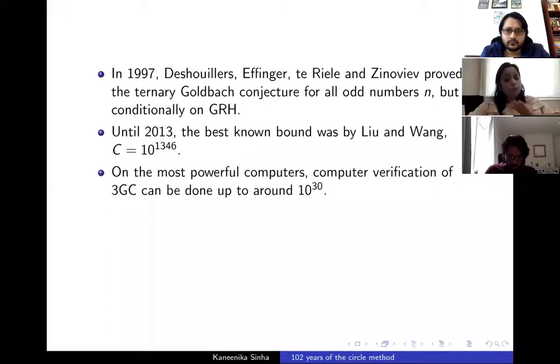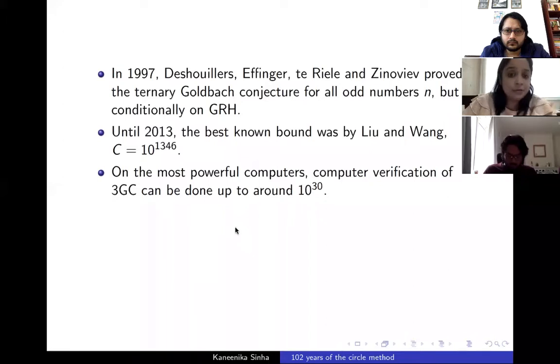On the most powerful computers, computer verification of the ternary Goldbach conjecture, which sometimes I may write as 3GC, can be done up to around 10 raised to the 30. So this is the computational limit that we have so far, 10 raised to the 30. Beyond this, it just becomes computationally unfeasible.